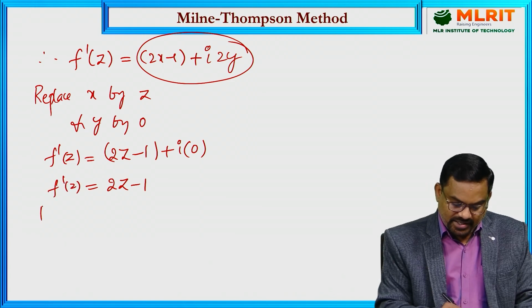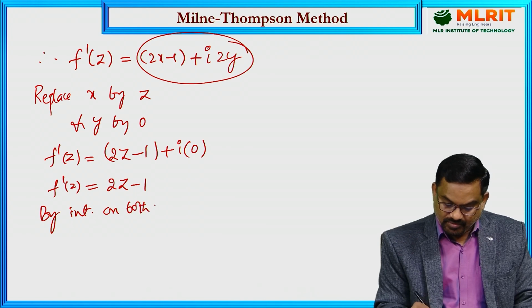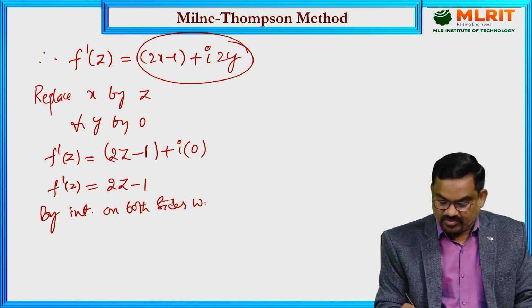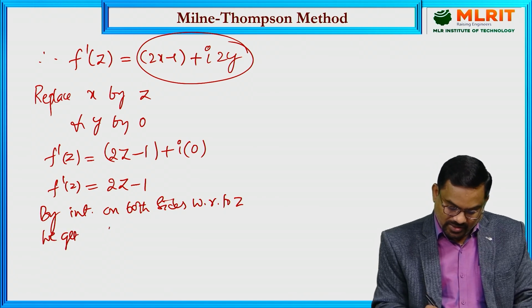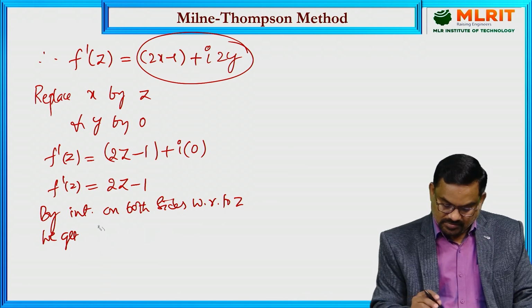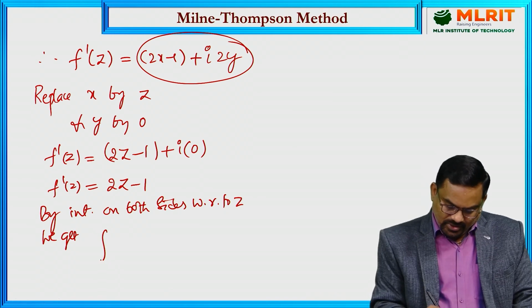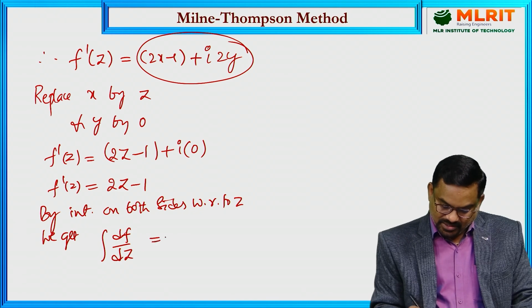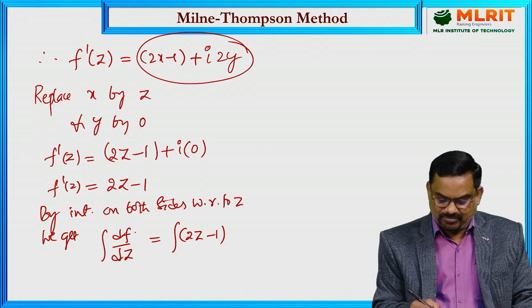Now by integrating on both sides with respect to z, we get integral df by dz equal to integral of 2z minus 1. So f dash z is df by dz.